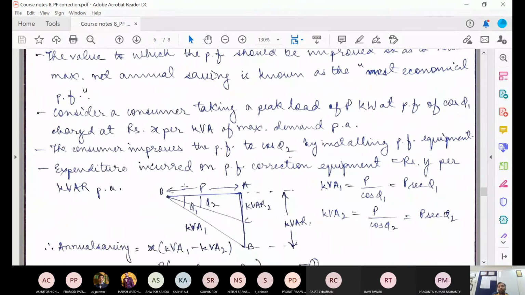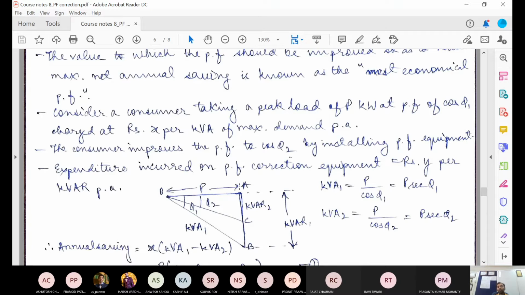So now again we can make this type of power triangle as we discussed earlier. Phi 1 was the initial power factor angle, and now you are improving it to phi 2. With the initial power factor angle phi 1, the reactive power demand was kVAR1 and the apparent power was kVA1. With the new power factor angle phi 2, your reactive power demand drops to kVAR2 and the power factor angle improves to phi 2.